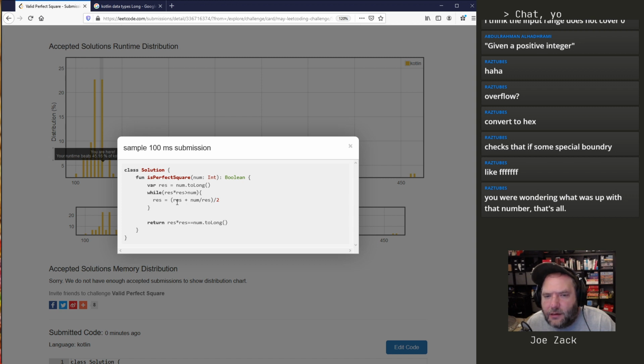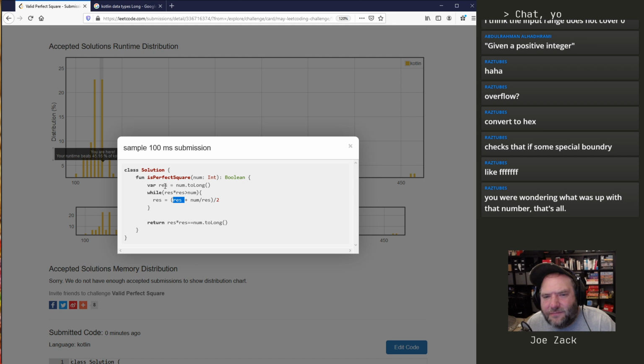Then they take result plus... What? So it's 14 plus 14 divided by 2. So 21 divided by 2 makes that 10. So now we're trying... What?